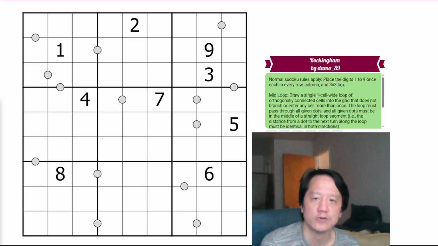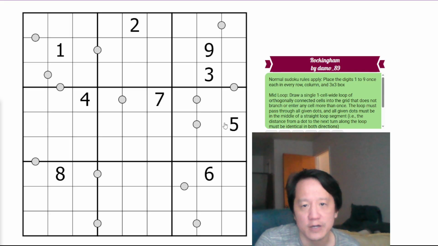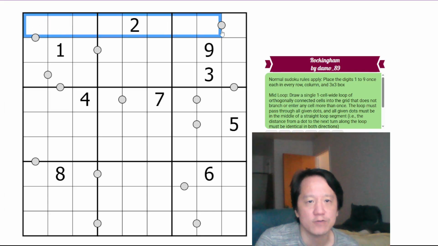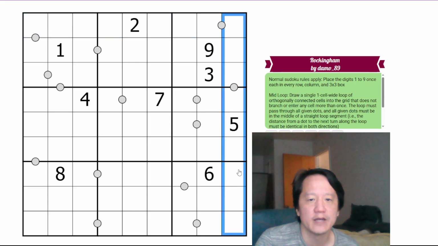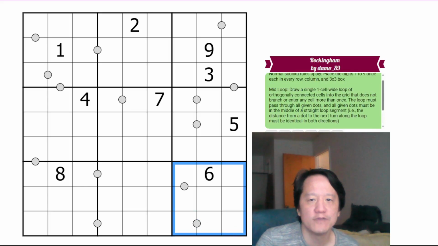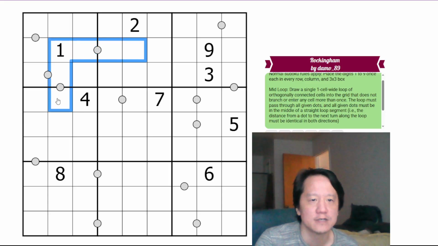Normal Sudoku rules apply, which means place the digits 1 through 9 once each in every row, column, and 3x3 box. We have a mid loop, where we need to draw a single one-cell wide loop of orthogonally connected cells into the grid that does not branch or enter any cell more than once.